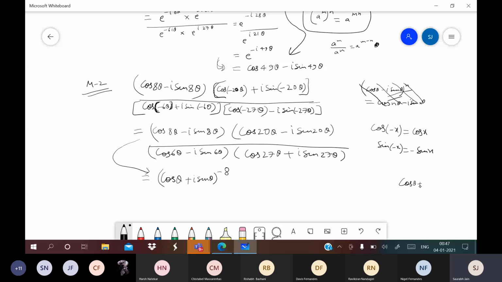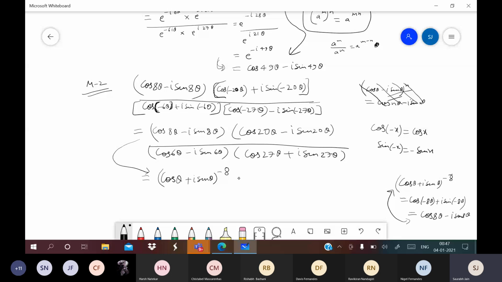In place of cos plus iota sine to the power minus 8, you will write cos of minus 8 theta plus iota sine of minus 8 theta, right? Now cos of minus x is cos x and sine of minus x is minus sine, isn't it? So that means this can be written like this. Keep this in mind.